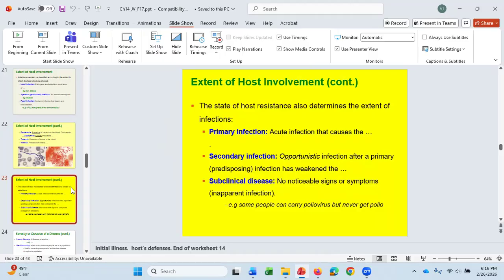So the primary infection predisposes the individual to getting a second infection that would not happen unless the primary infection was there. A common case is when a child comes down with a cold and then the child gets an ear infection. The ear infection only happens because the child had the primary infection.